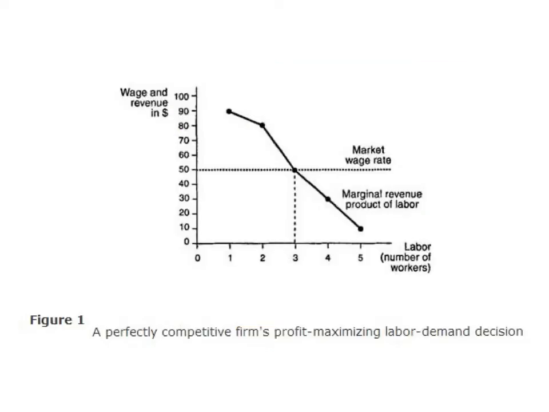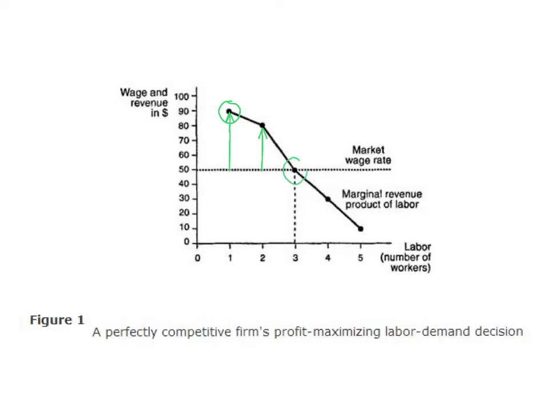In this diagram, you will notice that the first worker will be hired because the marginal revenue product of labor is greater than the cost. The second worker will also be hired because their marginal revenue product of labor is also above the market factor cost.